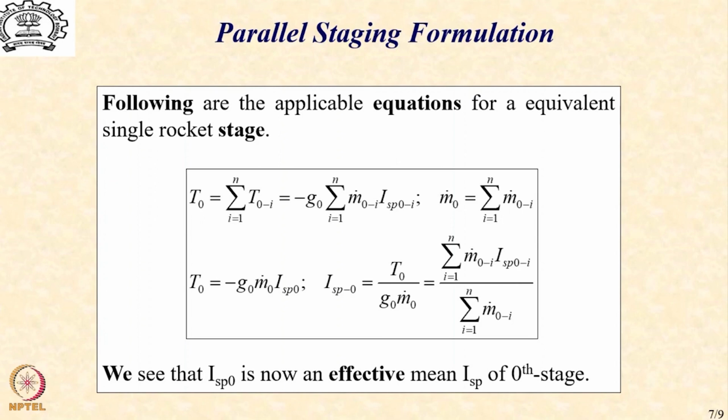In this manner, we can express the case of a large number of dissimilar rockets firing together as a single rocket firing with an effective mass flow rate and an effective ISP. You will immediately notice that once we have such a relation, we can use this directly for our trajectory calculations.